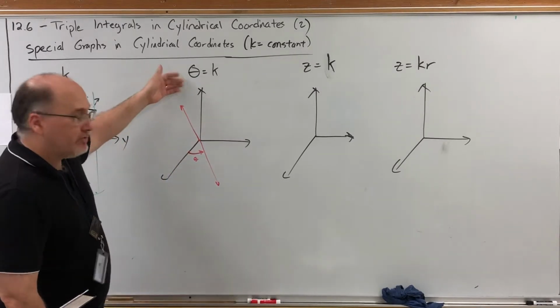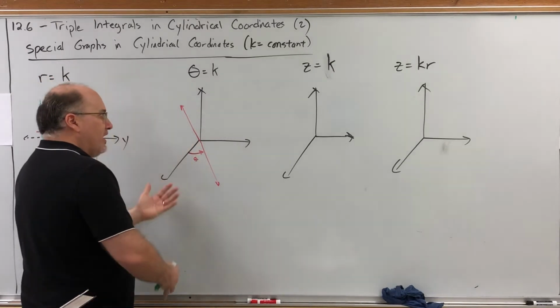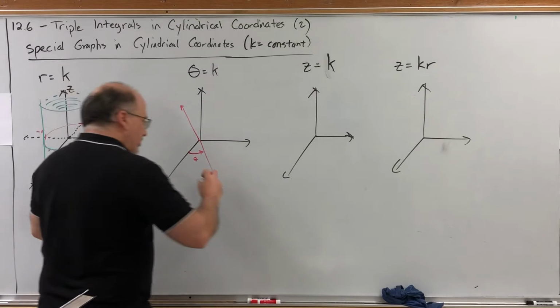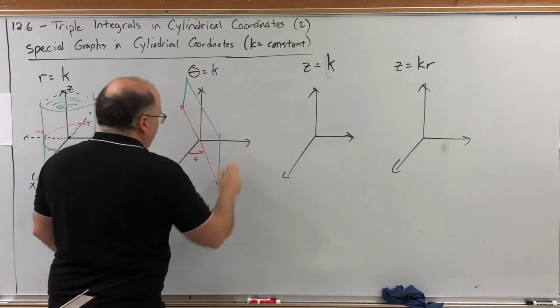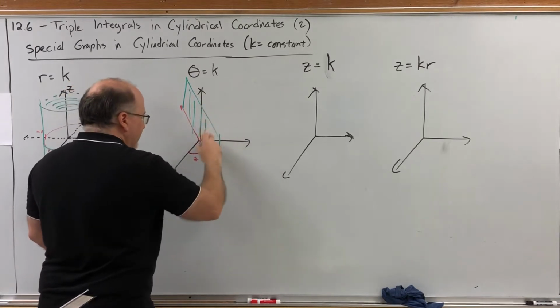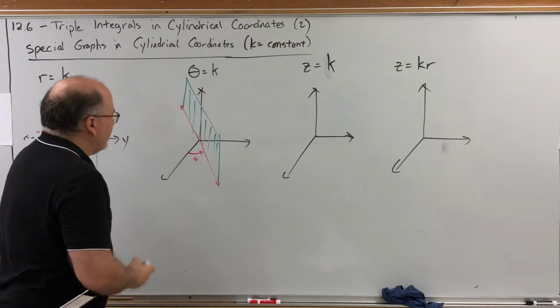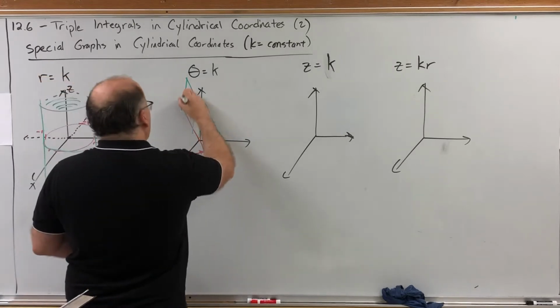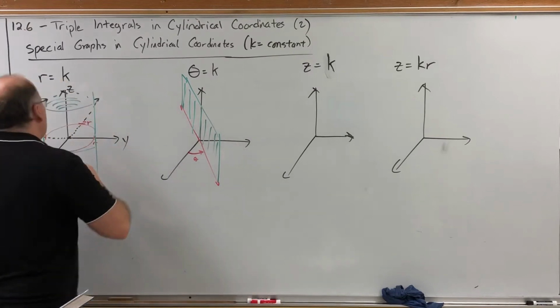It doesn't say anything about the radius. Then we can rotate, go however far out we want, and then the z can be anything, so we can go straight up or straight down. Let's just go up for the sake of simplicity. We end up getting a plane. It's almost like a guillotine blade that just drops straight down and cuts space. Let's draw that a little bit more vertical. There we go.